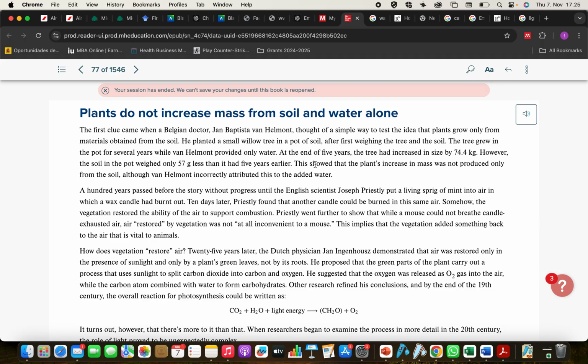But then 100 years passed, and this English scientist, Joseph Priestley, started to see something very interesting. One thing he used to do is he would have a very closed container, and he would have a wax candle, which he would burn out. When you burn a candle, you release a lot of CO2. So in that closed container, you're depleting the oxygen, and there's so much carbon dioxide and many other types of gases that it's completely deprived of oxygen.